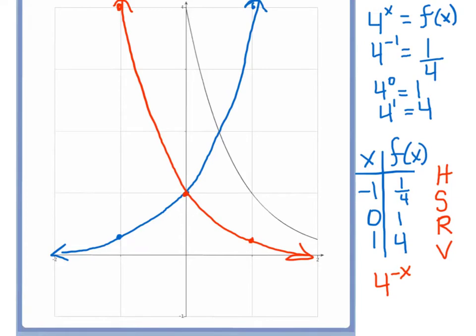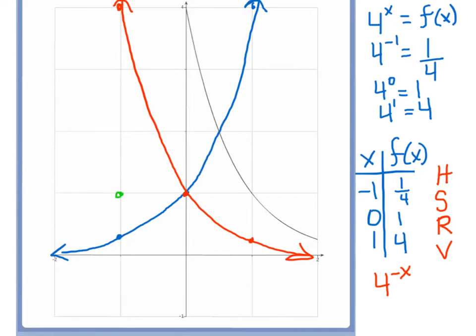So if we take our blue 4 to the x graph here and we shift it, I'm going to try to draw that in green. If we take the 4 to the x and we shift it back one, we'll shift it to the left one.